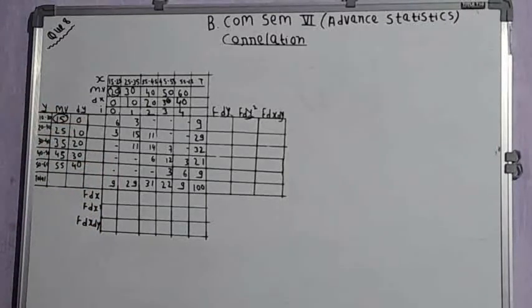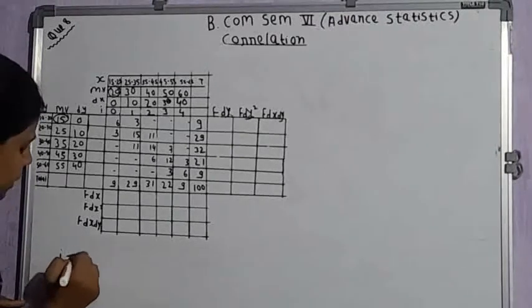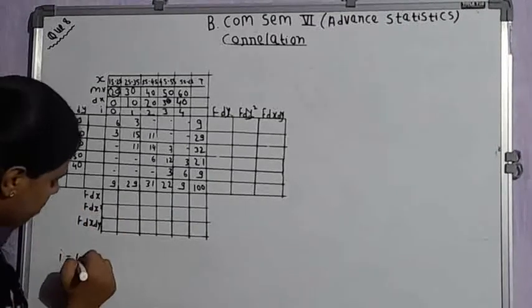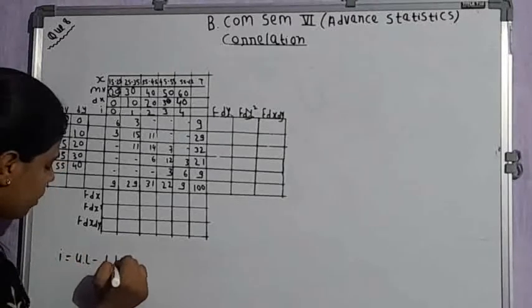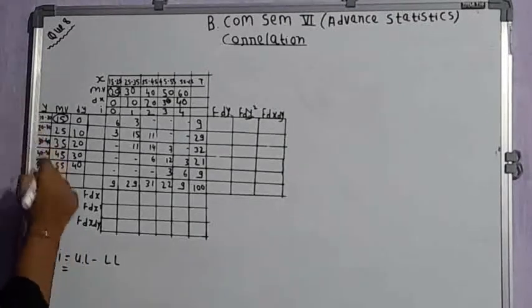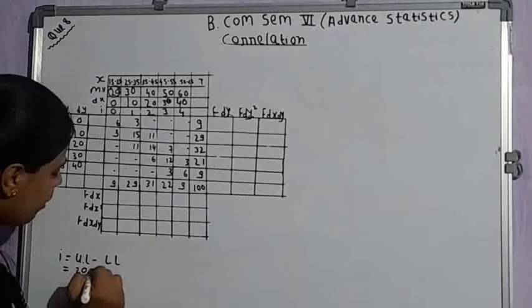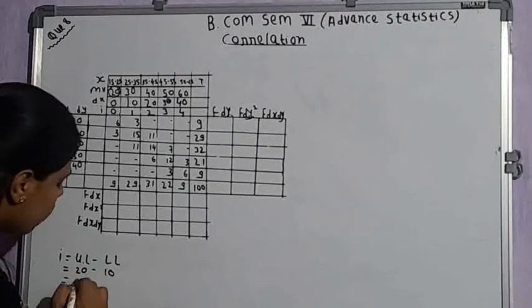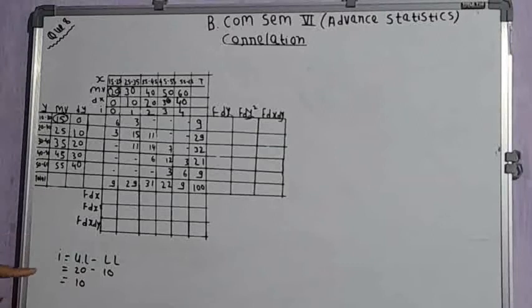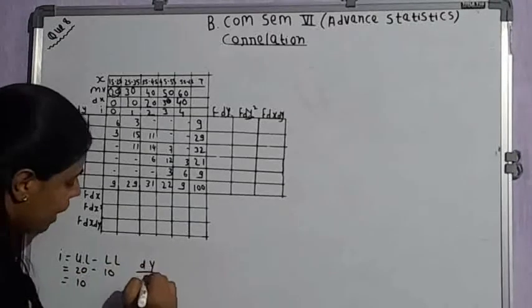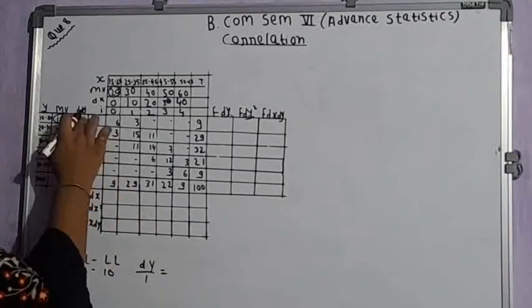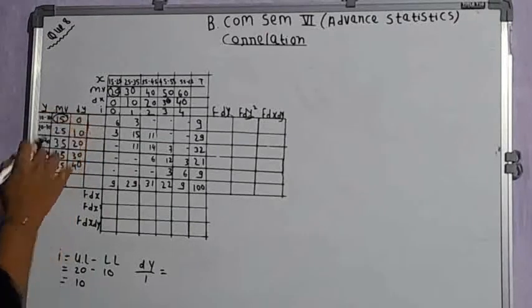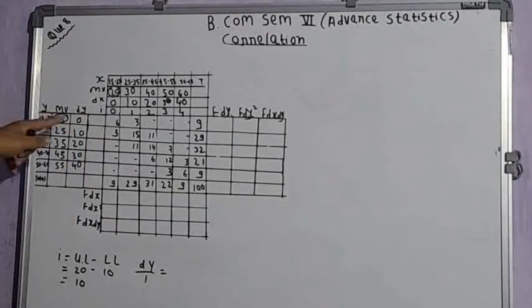Now again we have to calculate I. What is I? I is the difference between upper limit minus lower limit. So what is the upper limit in the first class? 20. What is the lower limit? 10. What is the value of I? 10. So here we have got the value of I as 10. Then we calculate dy divided by I. What is the value of dy in the first class interval? 0.